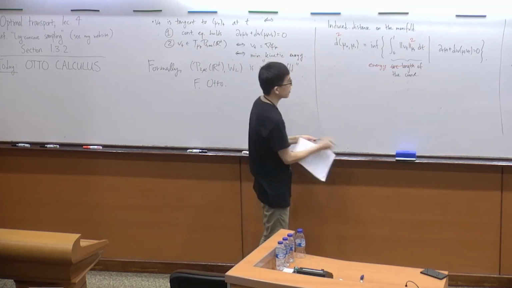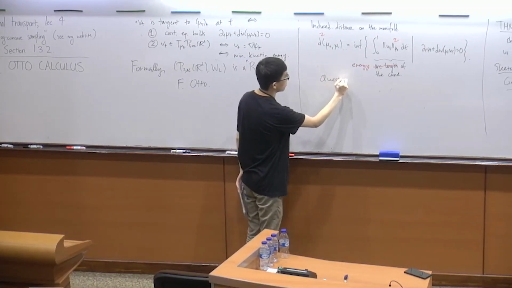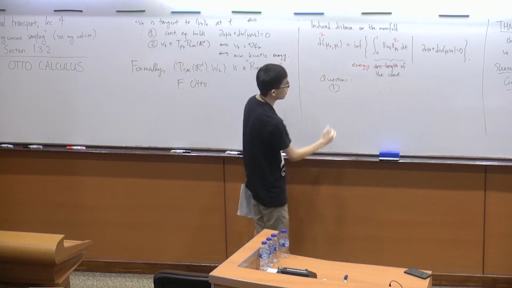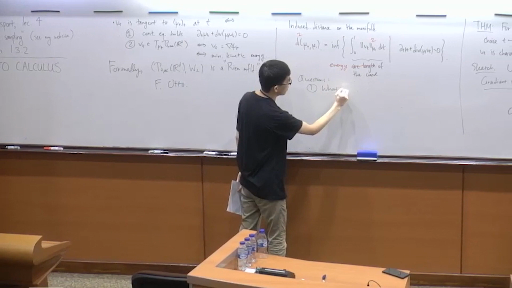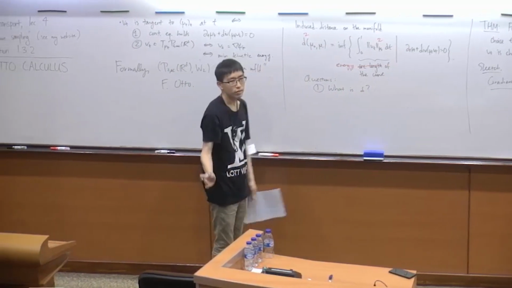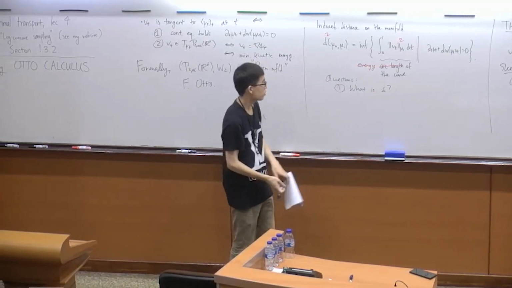So now I want to ask two questions. For this Riemannian structure on the Wasserstein space that I defined, what is the induced distance? And spoiler alert, it's going to be the Wasserstein distance, which connects back to optimal transport.